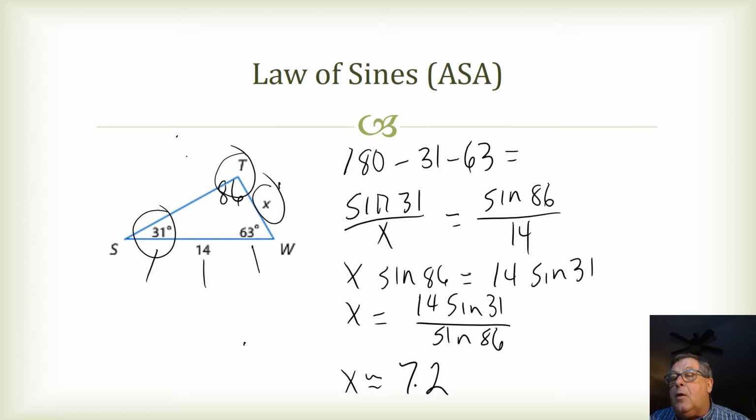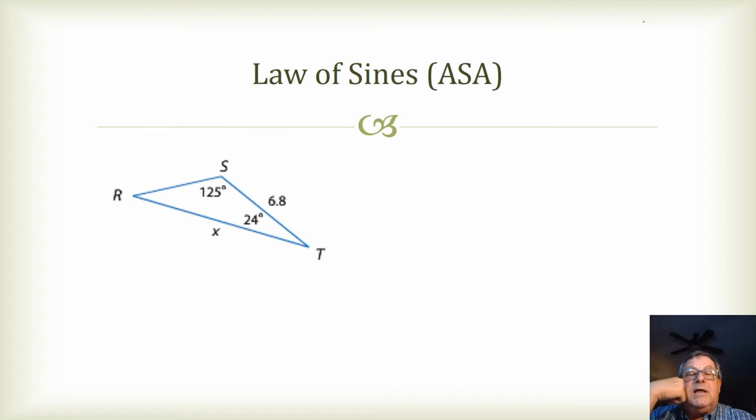Then we'll look at the law of cosines, a little bit more complex. All right, so let's see here. I've got an angle, side, angle, and I see that angle S, which measures 127, is opposite x, or the measure of RT, which is what I'm going to solve for.